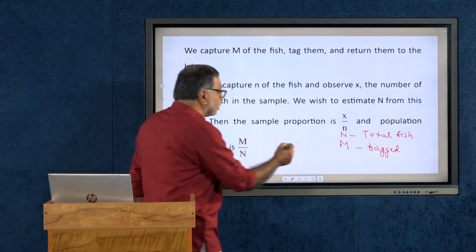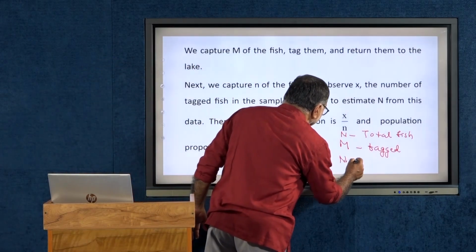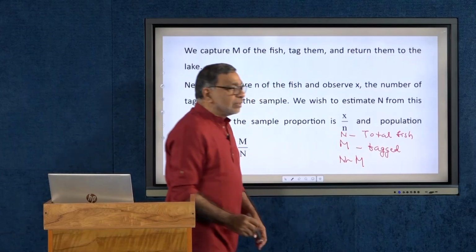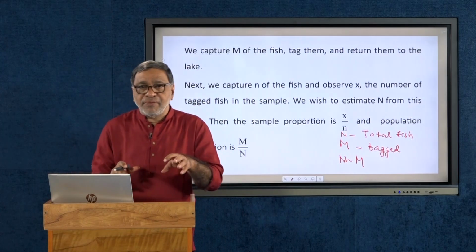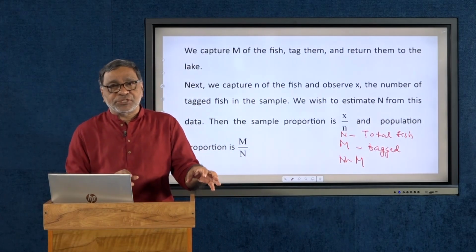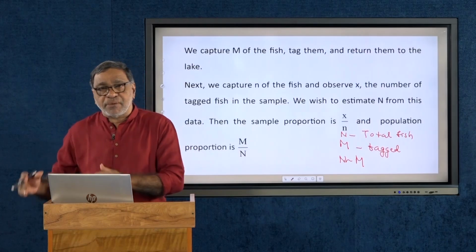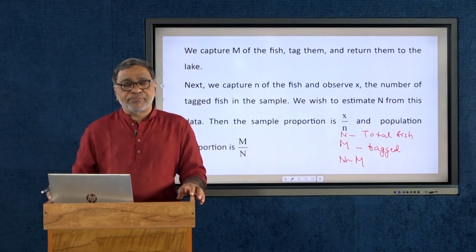How many are not tagged? That is N minus M. So this is a population having M items of the first type and N minus M items of the second type.